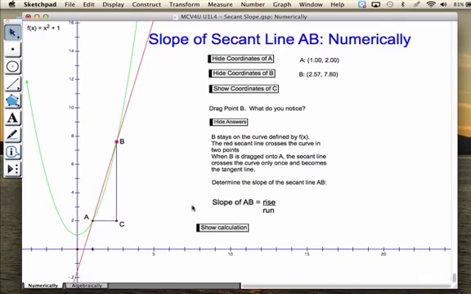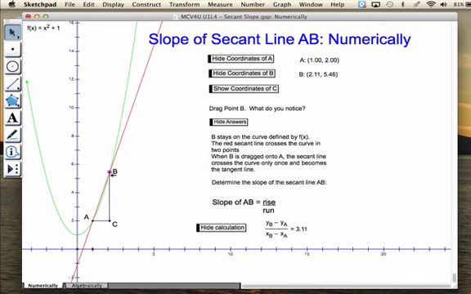And if B is separate from A, I can calculate slope, which is rise over run, which is the y from point B, subtract the y from point A. That's just another way of saying y2 minus y1 over xb minus xa. And as I grab B and move and change both the coordinates and the slope, I can progressively get closer to A until I get the slope of the tangent.